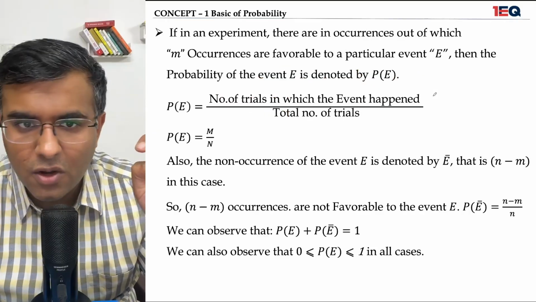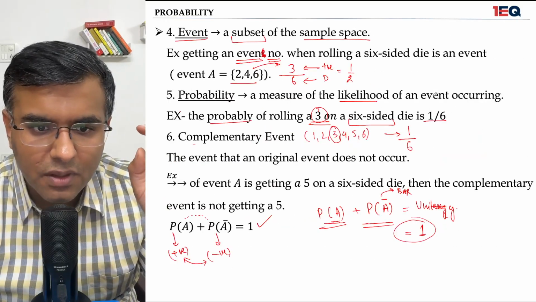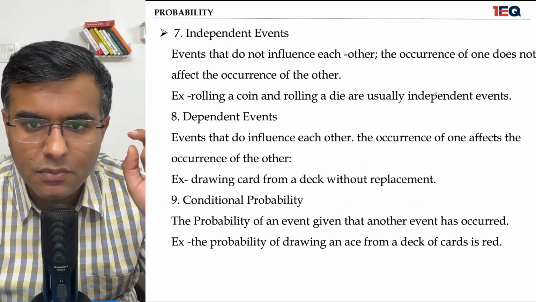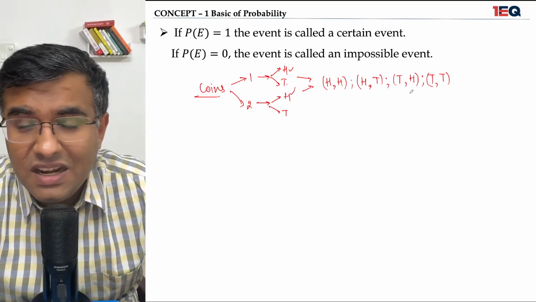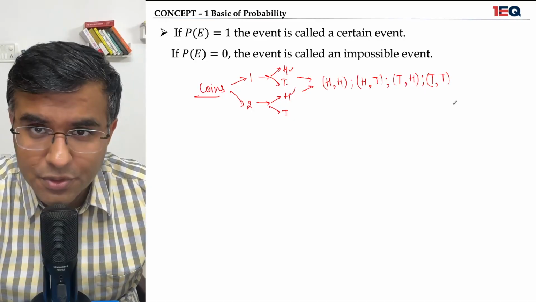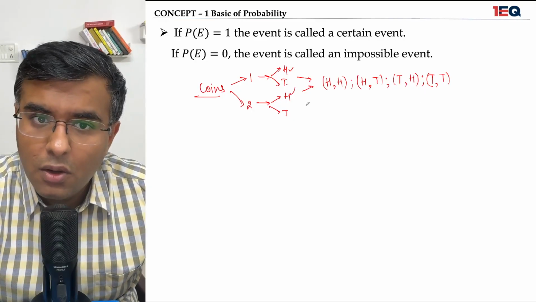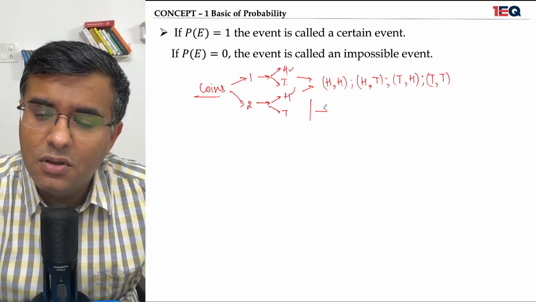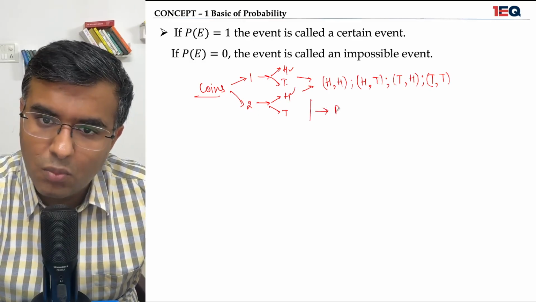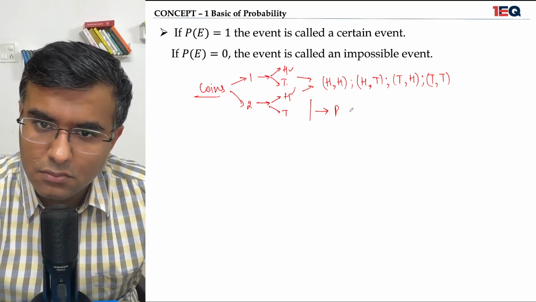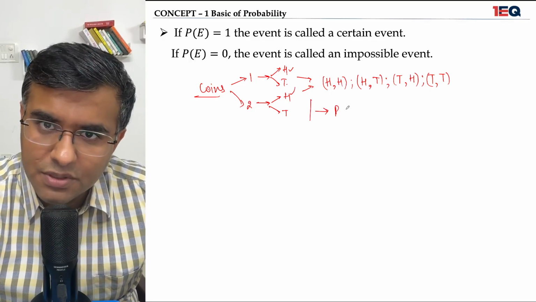Got it? When I talk about these possibilities occurring, let's assume that no tails comes into the picture. When I say that no tails come into the picture, what I mean is all heads are coming into the picture.